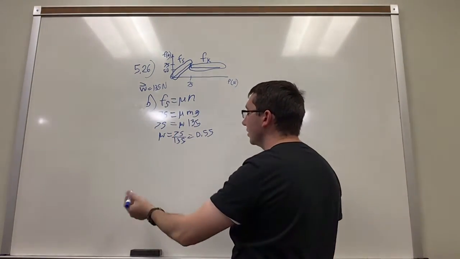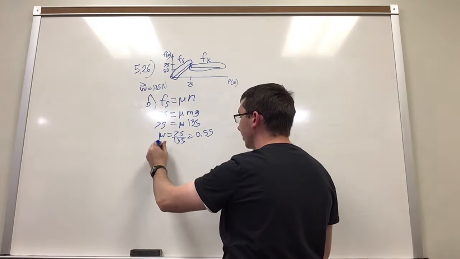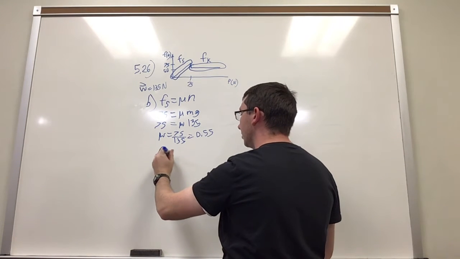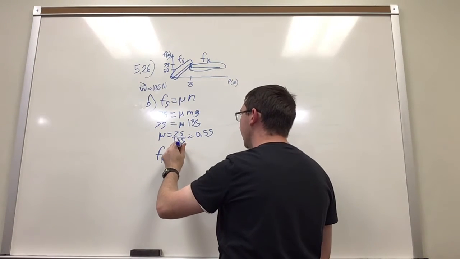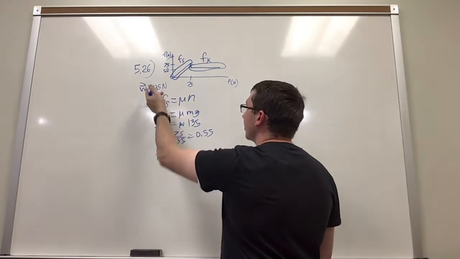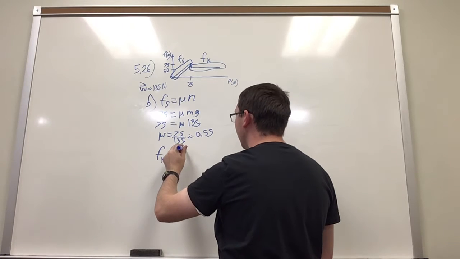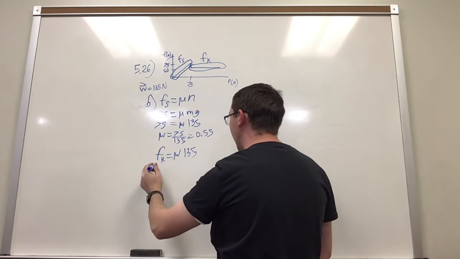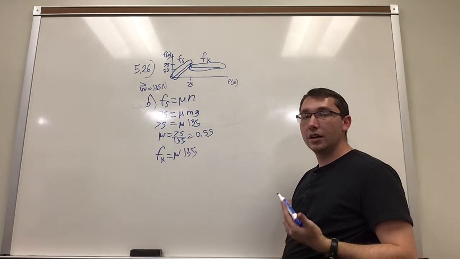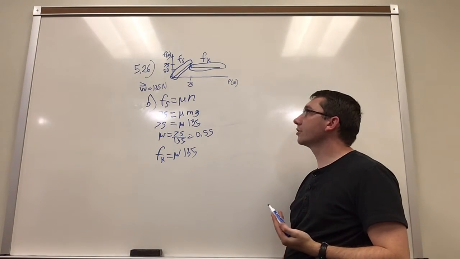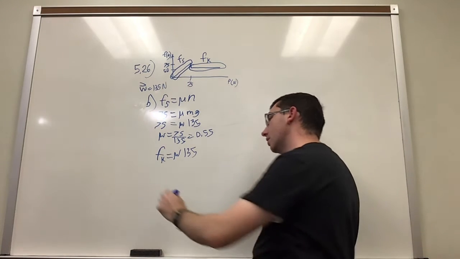You're going to use a similar equation for the kinetic friction: it's going to be equal to the coefficient of kinetic friction times the normal force, or the weight, 135. And we also know that once it starts moving, the frictional force levels off at 50 newtons.